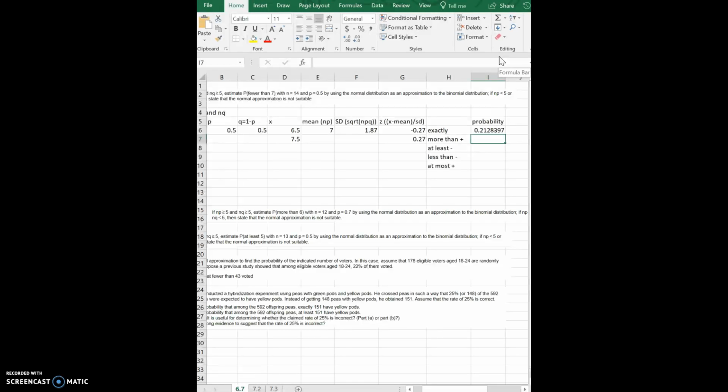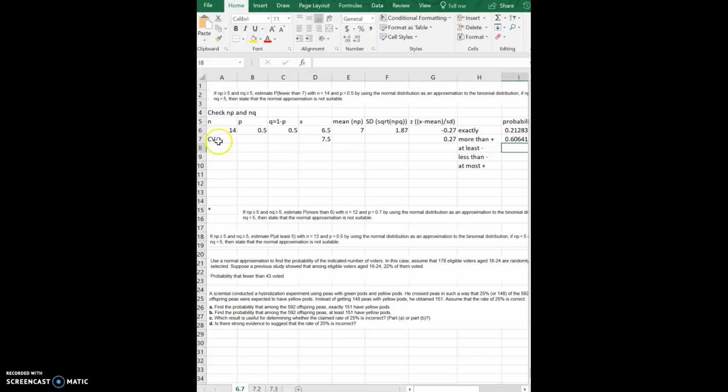Anyways, so moving on. If we want more than, remember we're always calculating left to right, so we're going to do equals 1 minus norm.s.dist of our z-score. We're going to use the top one from now on. The only time it matters is for that exactly. Otherwise, this doesn't matter. Z-score, comma 1.